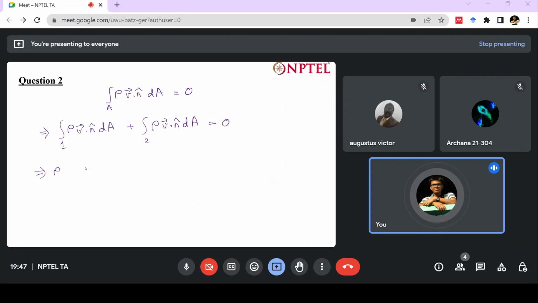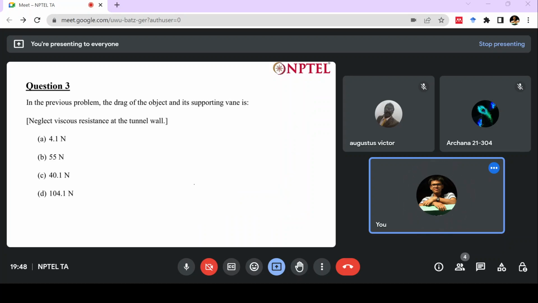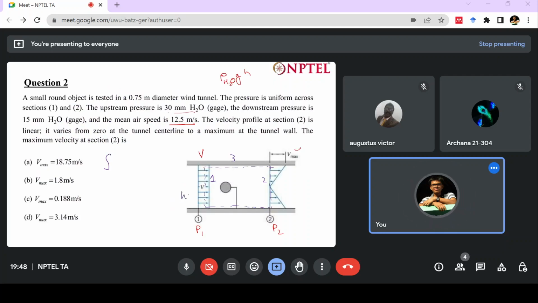Since it is going inwards, the dot product will be negative, so a minus sign will come out, and I have V and dA. The integration of dA will be the area. The area has not been given, so let us assume this is a 2D profile and the area is some h into w. So the area is h into w.